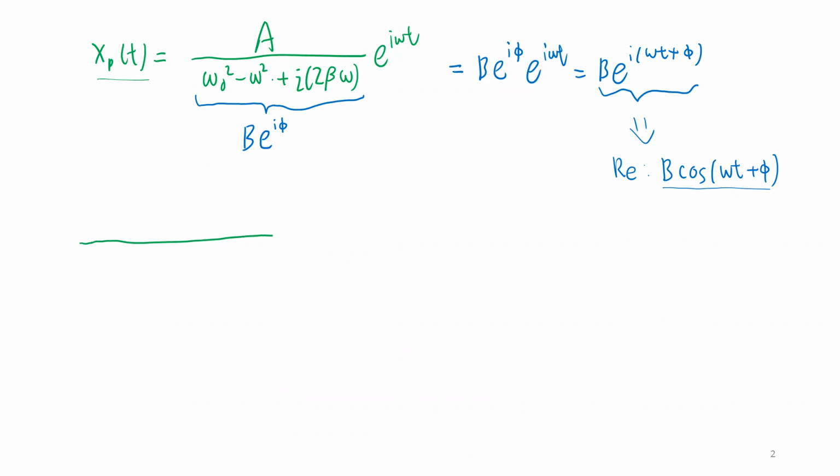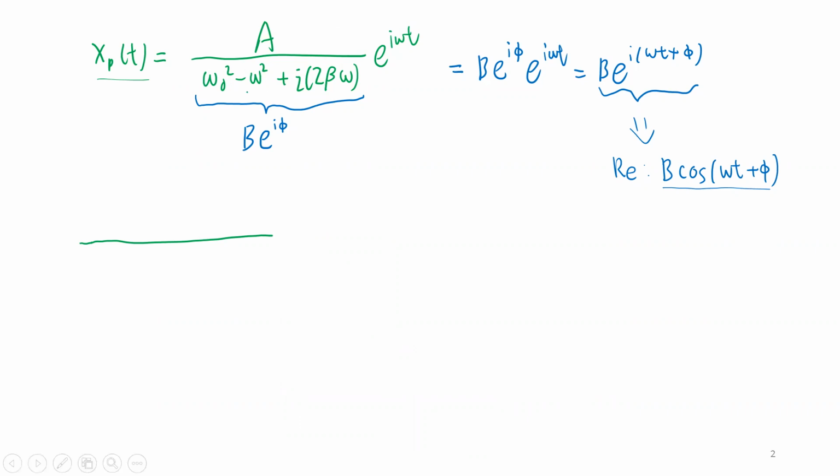This one is a real part plus an imaginary part, so this is A plus Bi. Then I'm just going to multiply both the numerator and the denominator by the complex conjugate of this.